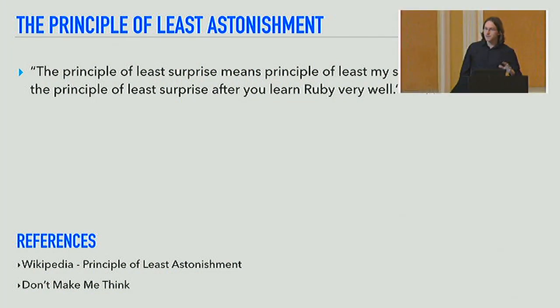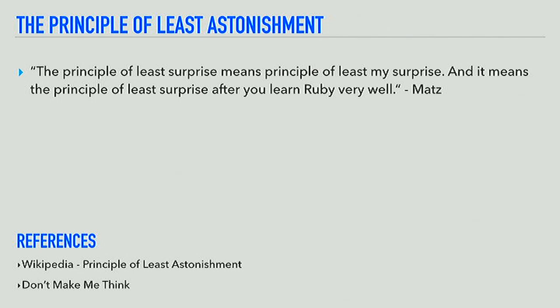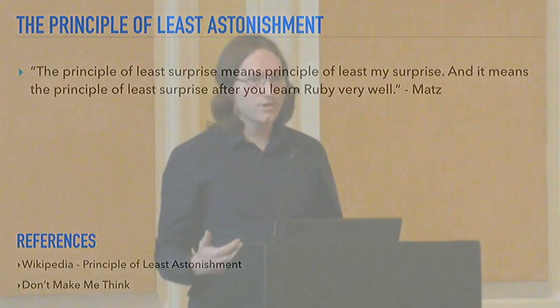If there's one thing you take away from this talk, if there's one thing you remember, I'd like it to be this concept: the principle of least astonishment. What I love about it is it follows its own principles. You already know what it means. It means that your users should not be surprised by what your interface does. Now, there's a caveat here that I think is really important.